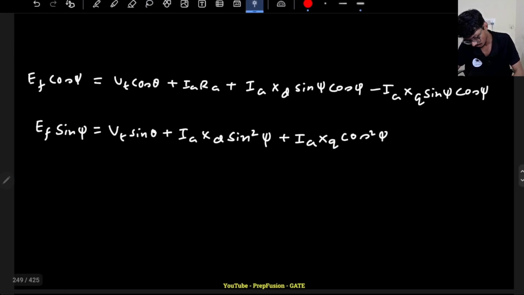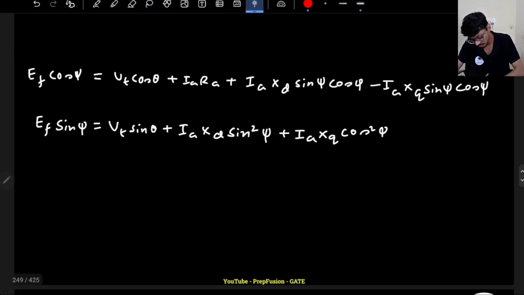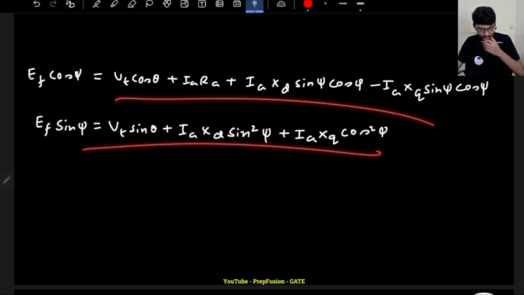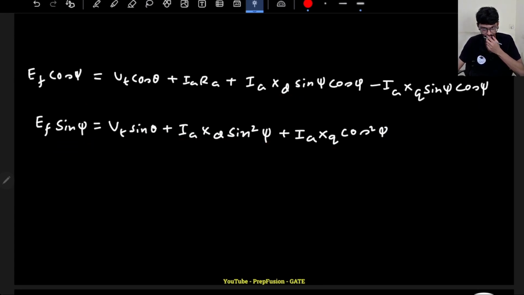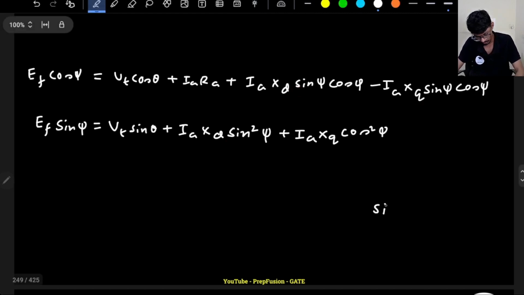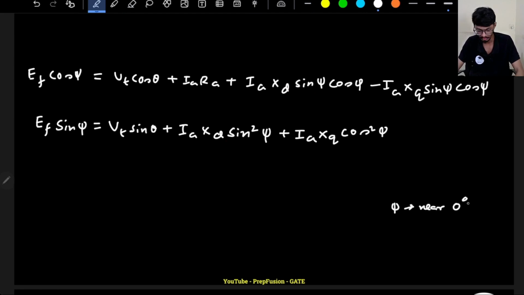Now actually tan xi is this divided by this, but here we make a few approximations. We assume xi to be a low value, xi near 0. If I assume xi to be near 0, then sin xi will roughly be 0 and cos xi would roughly be 1.